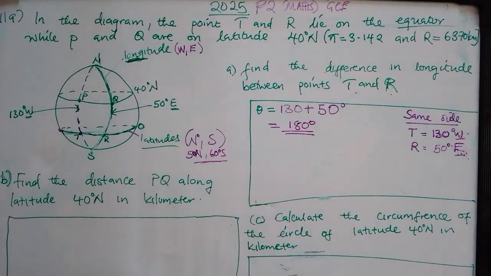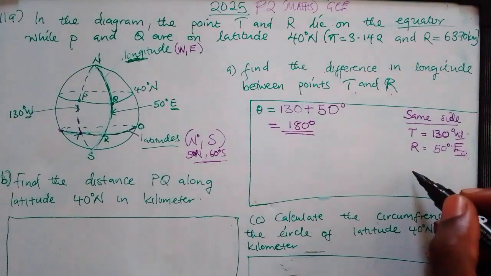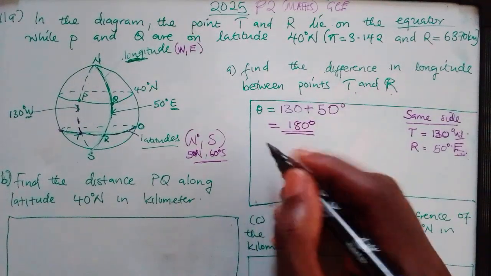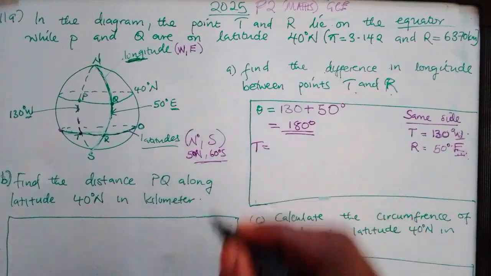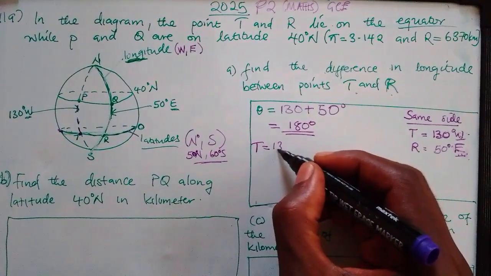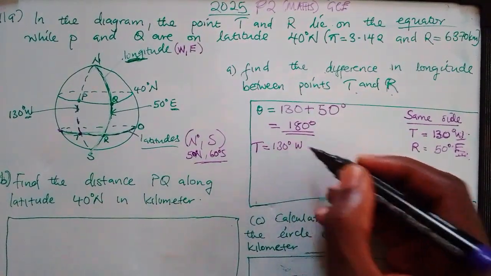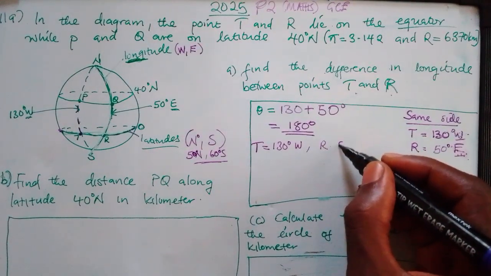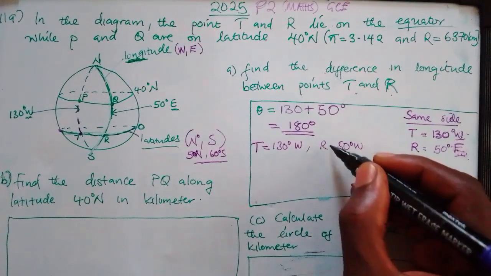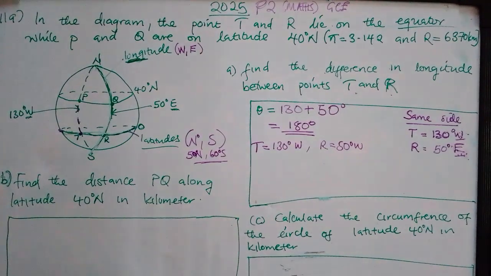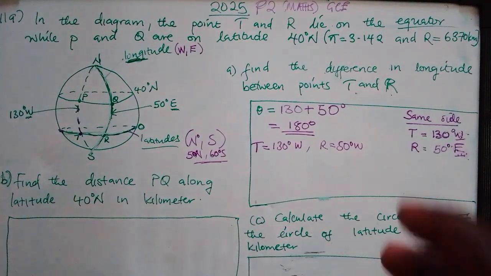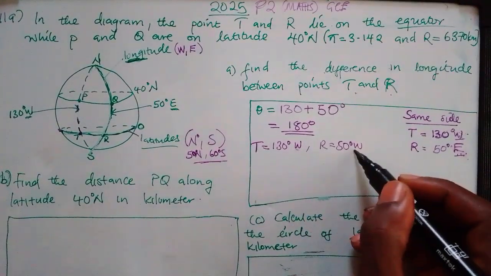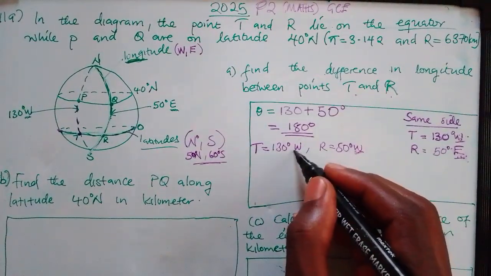But in other cases, they can bring, let's say, T is 130 degrees west and R is 50 degrees west. How can you calculate the difference in longitude? Here, if you have the same sides, you subtract.